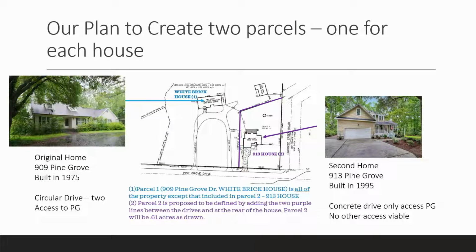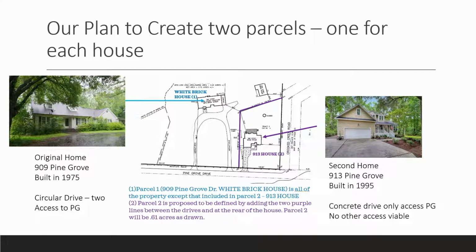To do that, we're just looking to carve out the top right corner of the large parcel where the purple lines are to create the second parcel for the 913 home. So the 909 property will be the larger property. It will be everything except what's in the purple.